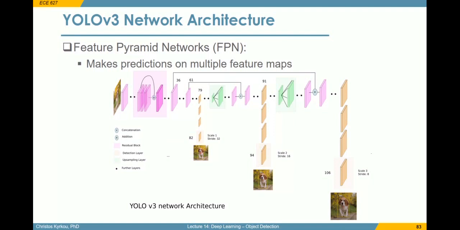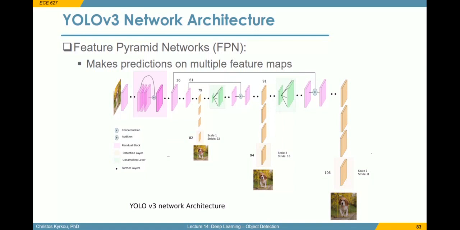And this basically makes it much better at detecting smaller objects than YOLO v2. And it also predicts many more regions than YOLO v2. And basically, the detections at the different layers is what helps to address the issue of detecting small objects.